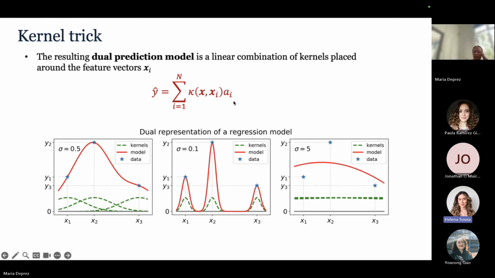So when you have this dual representation, what it means is that your final function is just a linear combination of the kernels that are put over your training samples. And this dual representation tells you how you should do the linear combination of these kernels to get a solution in each of the individual features.